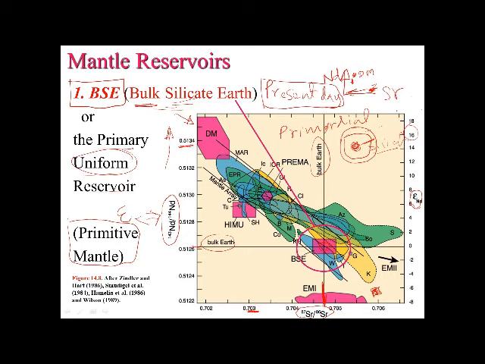That is one of the primitive reservoirs, and out of that we had every reservoir form. Now we don't have a bulk silicate earth actually, because everything has evolved, but remember the composition similar to the bulk silicate earth is still prevailing. We will see where those areas are.